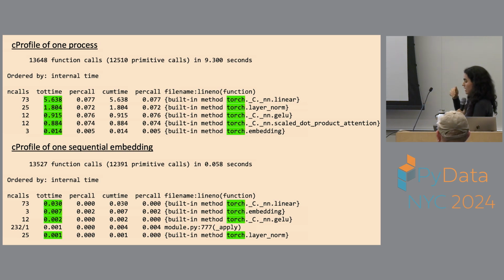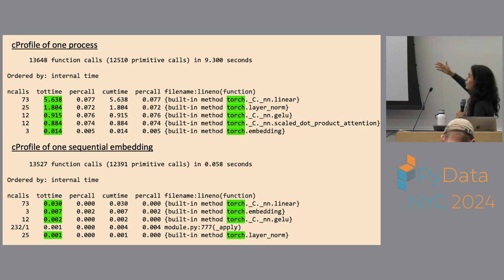It shows what's happening under the hood when, in parallel, I'm embedding one sentence. I wanted to compare that to what actually happens when I embed one sentence in sequence, because what I'm trying to understand is why, in the parallel case, embedding one sentence seems so much longer than doing so in sequence. Comparing the outputs, the functions being run are the same underlying torch functions.